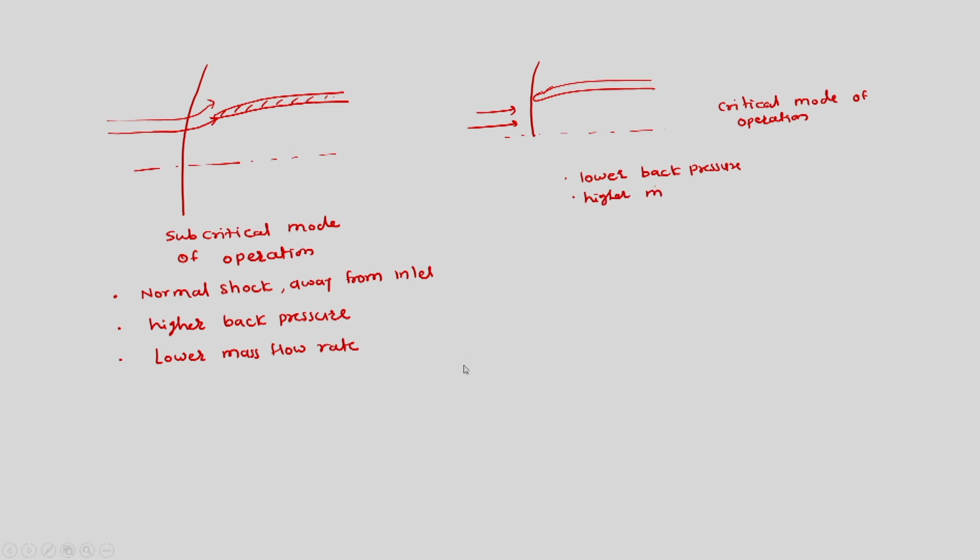Now, there is a third mode of operation where the same shock which was exactly at the inlet would happen inside the intake, and in this case there will be an external shock which is appearing at the top, and then there is an internal shock. This shock structure at the wall would vary for viscous flow, since there is shock wave and boundary layer interaction.